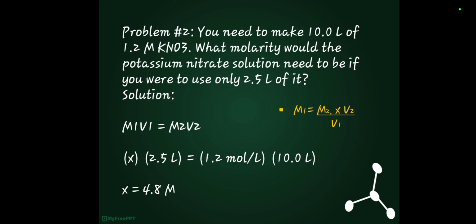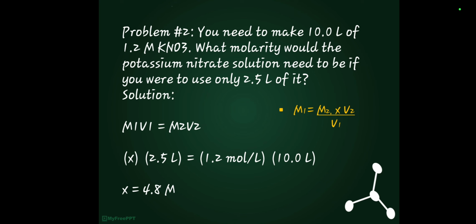So X multiplied by the volume 1, which is given as 2.5 liters, equals 1.2 mole per liter, which is the molarity 2 or the final solution, multiplied by V2, which is also given as 10.0 liters. Since the molarity of the concentrated solution is the unknown, let's use the formula M1 equals M2 multiplied by V2 over V1.